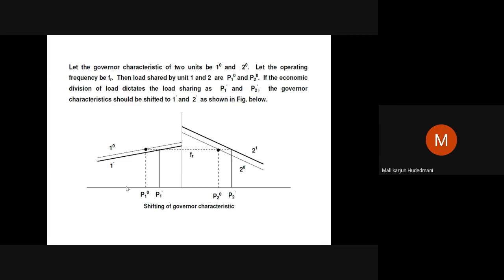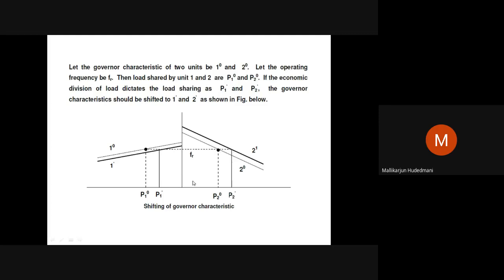See the curve, how they interact. This line is shifted downward, and this point is shifted somewhere here, coinciding with the dot on the solid line, P1 dash. P1 dash is the new operating point and P2 dash is the new operating point at the same frequency. Now we can see the frequency is the same on the dotted line, but the operating point of 1 is shifted to 1 dash and 2 is shifted to 2 dash.